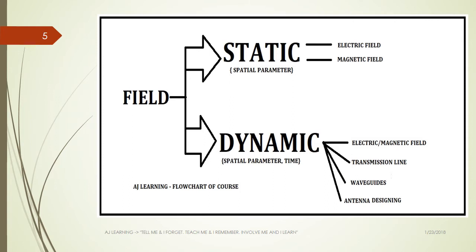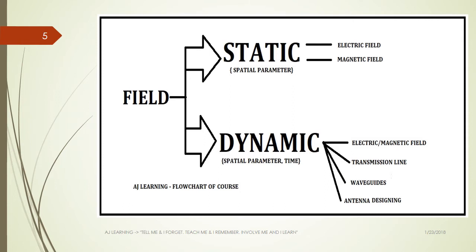If we are representing these fields in rectangular coordinates, the parameters may be x, y, z. Or if we are representing them in cylindrical coordinates, then the parameters are rho, phi or z. And the most important thing is that in the static field, electric field is independent of magnetic field.